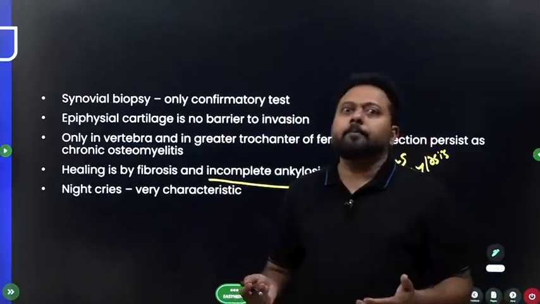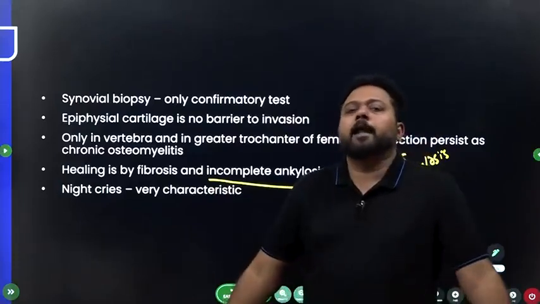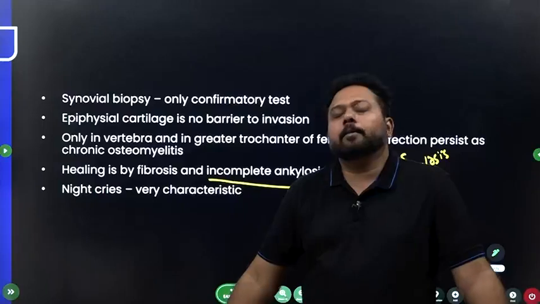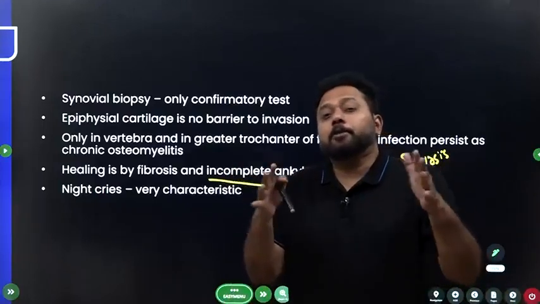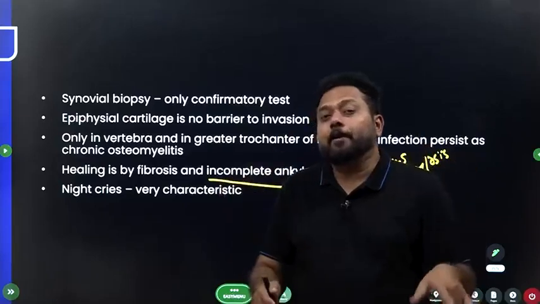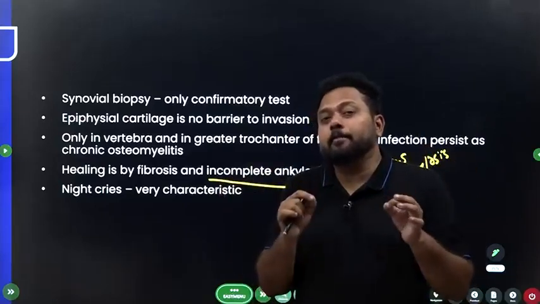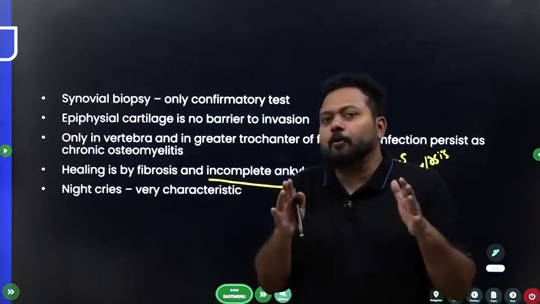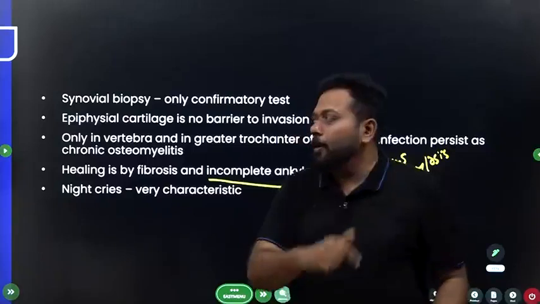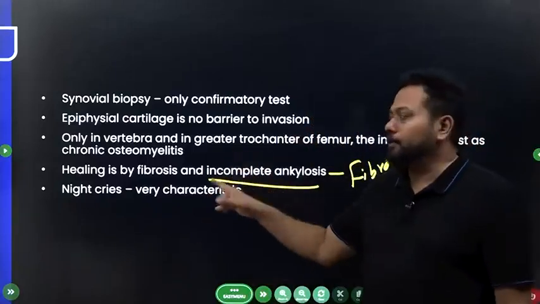When we go to sleep, the skeletal muscles get relaxed; in deep sleep all the muscles are relaxed. So the synovium starts stretching, and the stretching causes the pain, because the synovium is extremely sensitive, richly supplied by nerves. Stretching of the synovium causes stretch pain, and that is the cause for night cries.